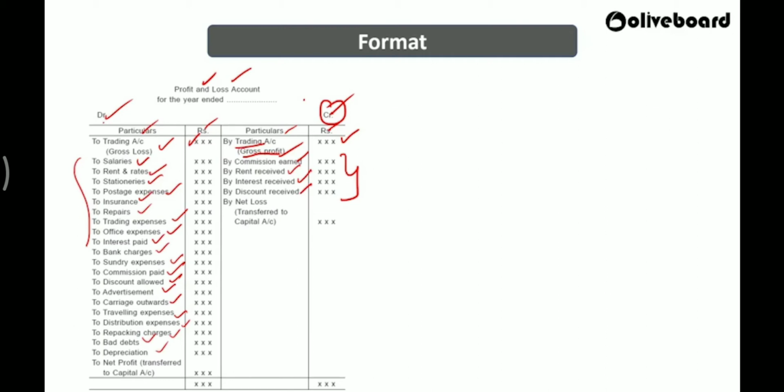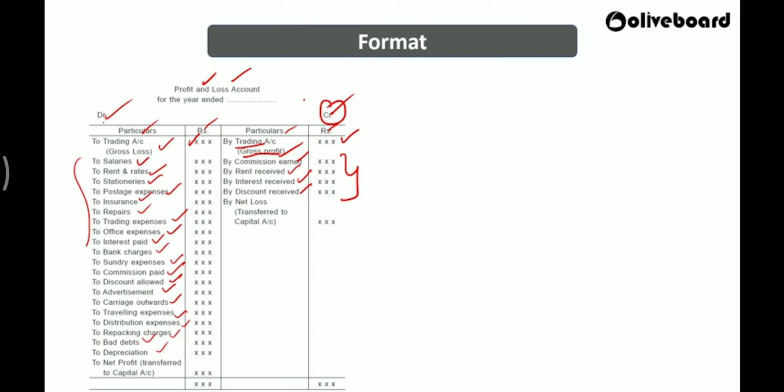You have so many things. All those things will come under which account? P&L account. So in simple terms, all your indirect expenses will be debited in your P&L. All your indirect incomes will be credited in your P&L. That's it. So that is called the P&L account.